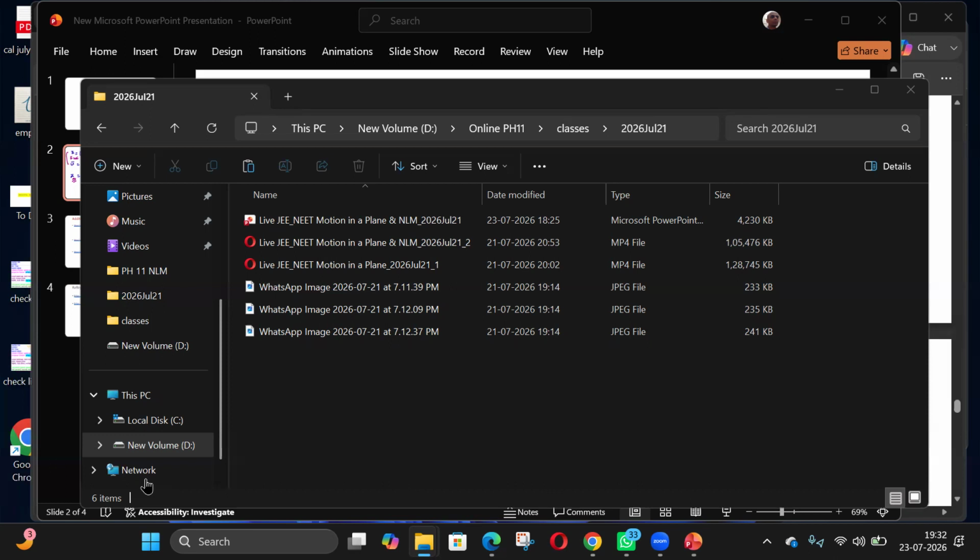R is given, okay. Find displacement between what time interval? Yeah, okay, I got it.